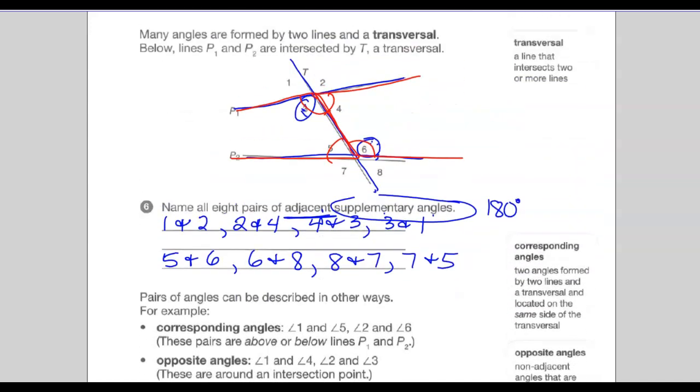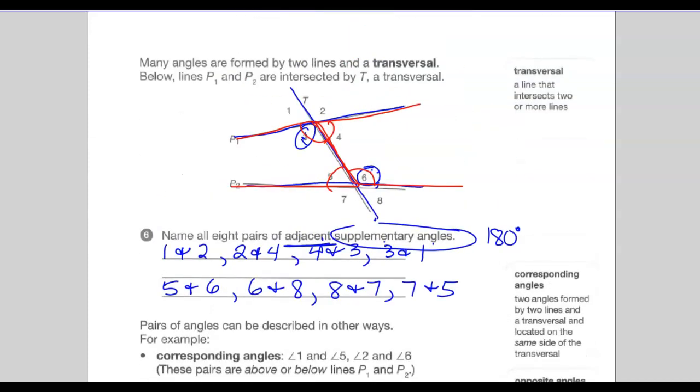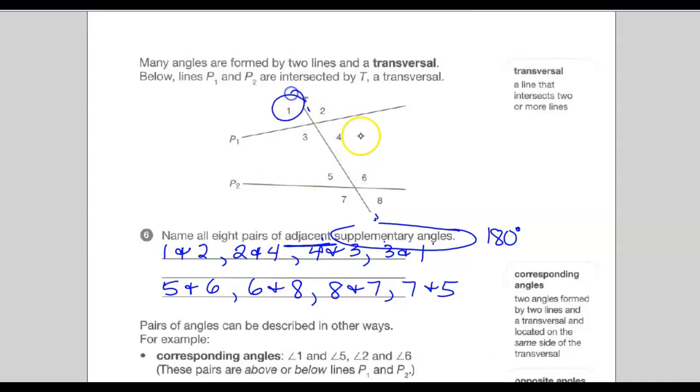An alternate exterior, okay, an example is 1 and 8. Again, I'll erase that. So 1 here and 8. So notice that they're on alternate sides of the transversal, but they're exterior to the two lines P1 and P2.